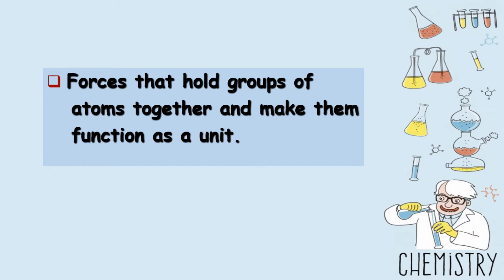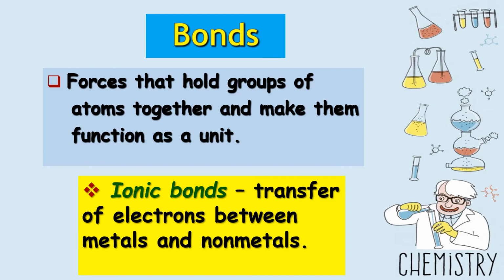Now, let's have a short review about what is chemical bonding. There are forces that hold groups of atoms together and make them function as a unit, and it is called a bond. Atoms tend to reach more stable states at lower chemical potential energy levels by bonding with other atoms.